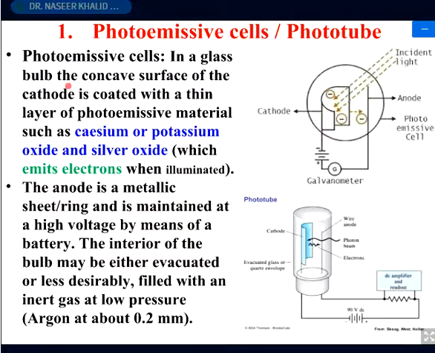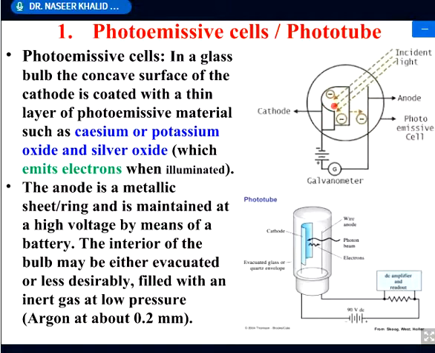The cathode has a concave surface, and this surface is coated with a thin layer of photoemissive material. Photoemissive materials are those materials which, when some light is bombarded on them, give us electrons. They are electron emitting surfaces.